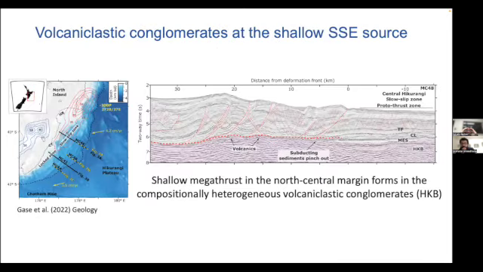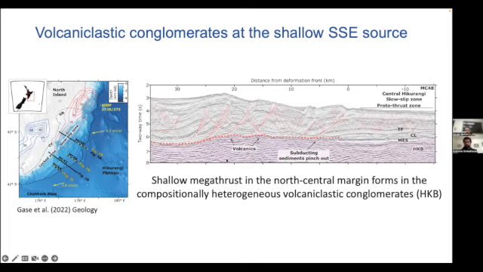Okay, so in this slide, I want to very quickly talk about the reason for specifically focusing on these volcaniclastics. This is a recent paper published in Geology by Andrew Gase and others at the UT Institute for Geophysics, where they show, using high resolution reflection seismic data, that the shallow plate interface at the SSE source here in the northern, as well as the north central Hikurangi margin, is forming in these volcaniclastics.